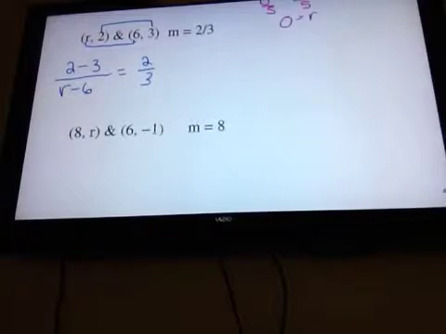So I'm going to take my 2 minus 3 and get negative 1. Do that calculation there. And then I'm going to cross multiply. Set them equal. Negative 1 times 3, negative 3. 2 times the quantity, r minus 6.